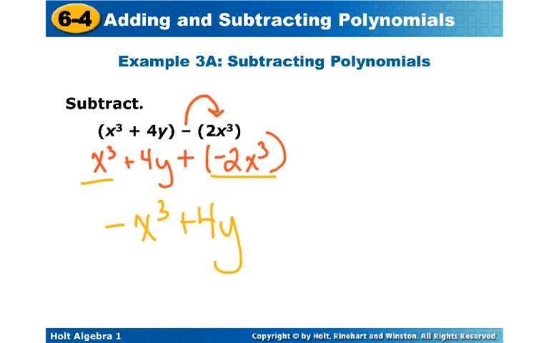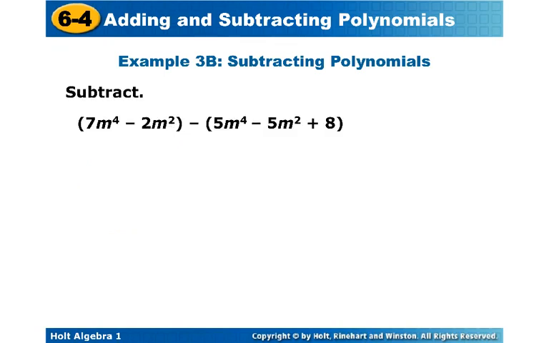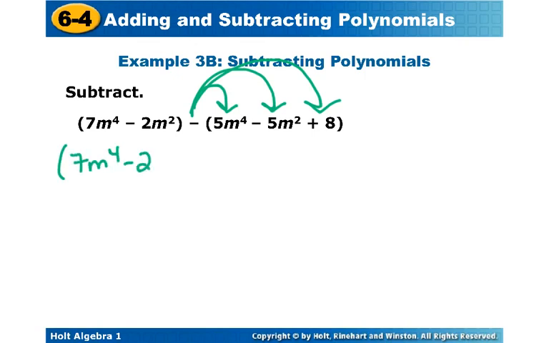So the next problem is actually going to require us to do that step. So if you notice, you have 7m to the fourth minus 2m squared minus now all of 5m to the fourth minus 5m squared plus 8. So taking this negative value, distributing it to all of your terms. The first one I'm just going to bring down, so you have 7m to the fourth minus 2m squared, and then negative times a positive.